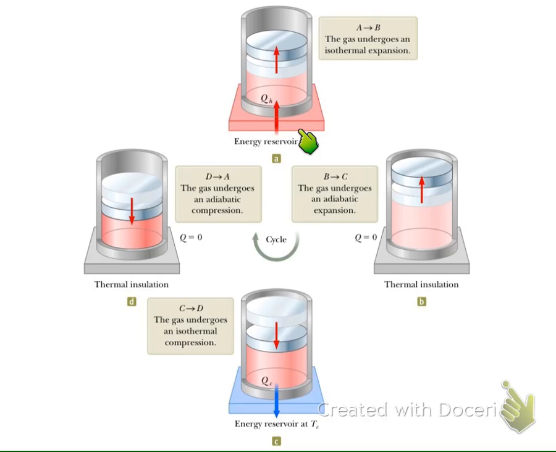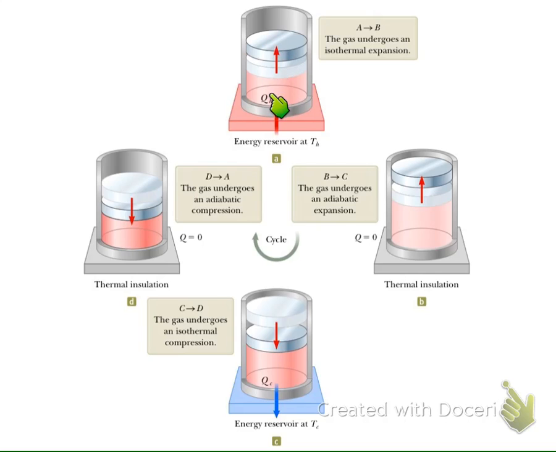So the process is a reversible process, as we discussed in the last section, in equilibrium all the time, here in equilibrium with the hot reservoir at the high temperature TH, and it performs the isothermal expansion.